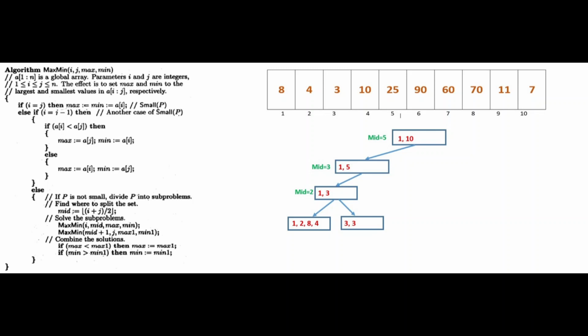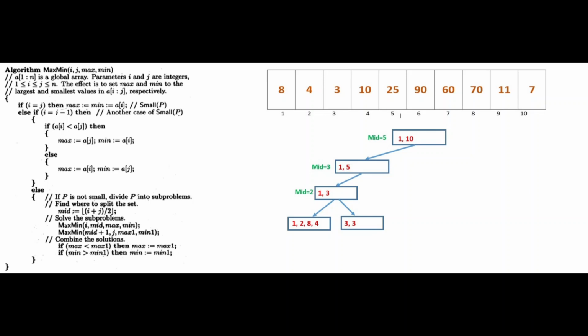Look at the array. Index 3, I is equal to 3, j is equal to 3. The value in a of 3 is also 3. So max equal to min is equal to a of I. We assign 3 to max, and also assign 3 to min.